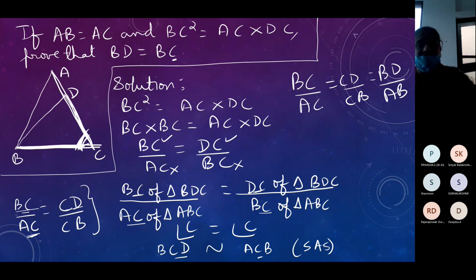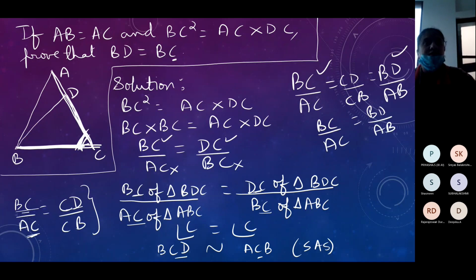So you take this one and this one: BC by AC is equal to BD by AB. Since AB and AC are equal, next line you can write BC by AB is equal to BD by AB. So AB gets cancelled, BC is equal to BD.